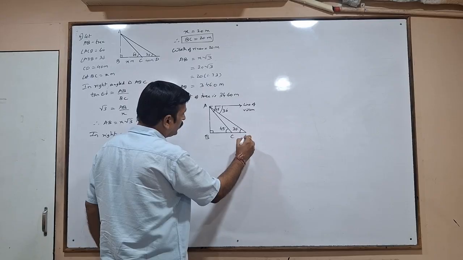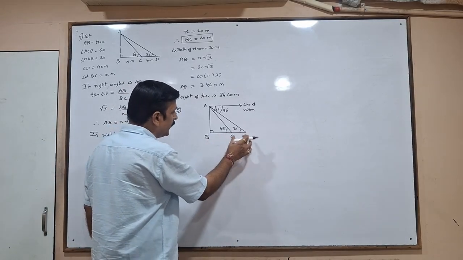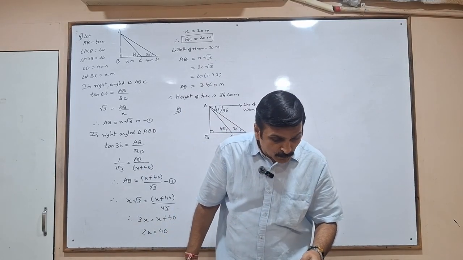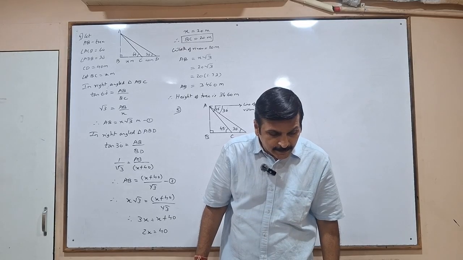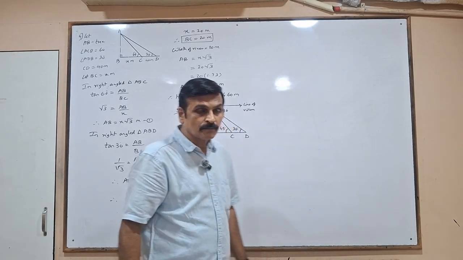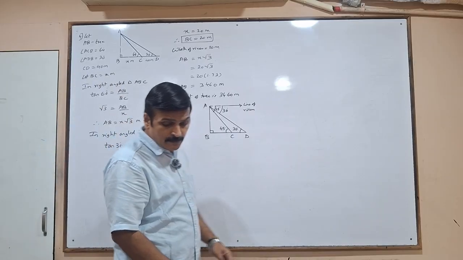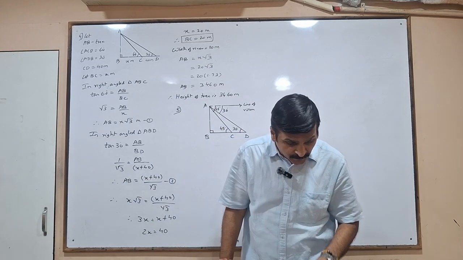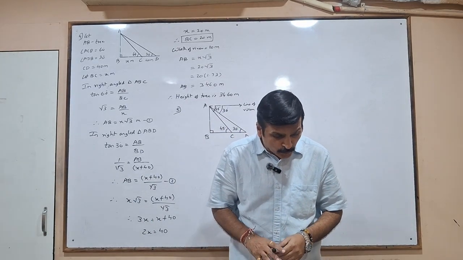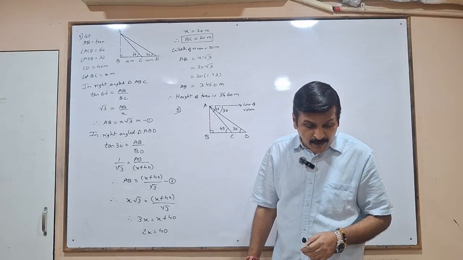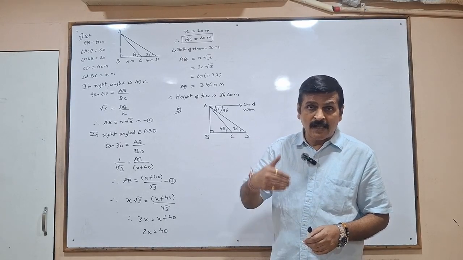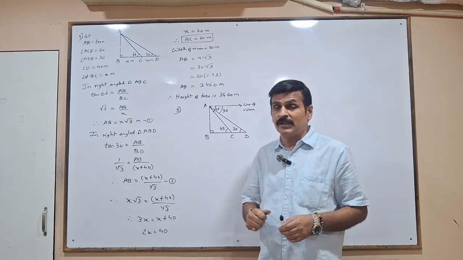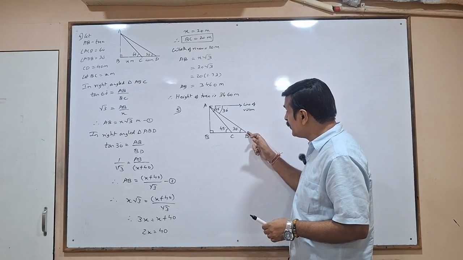What they have given there is the relation between BC and BD, and what we want to prove is the height of the tower. They say prove that height of the tower is y bracket root 3 plus 1. I'll repeat the sentence. The length of the shadow of a tower standing on a level plane is found to be 2y meters larger when the sun's altitude is 30 degree.